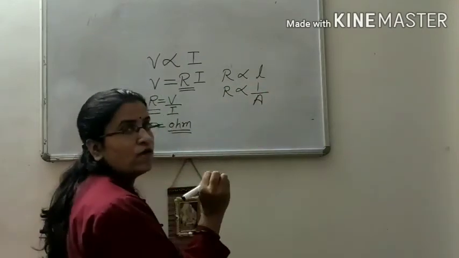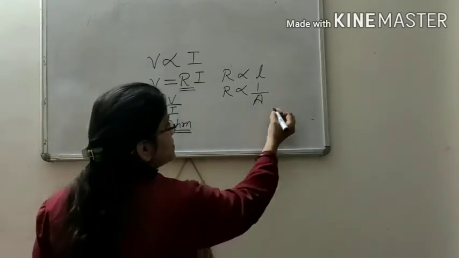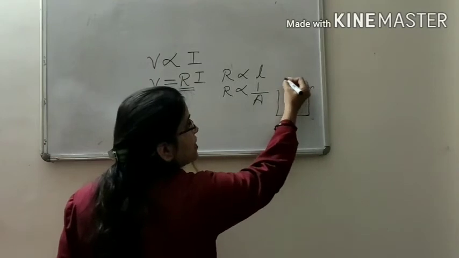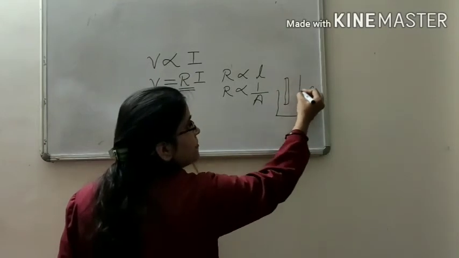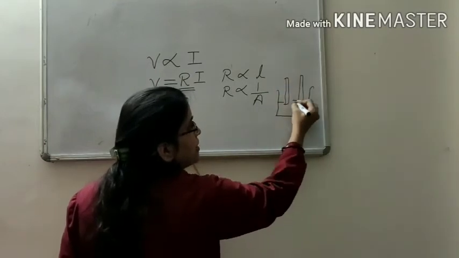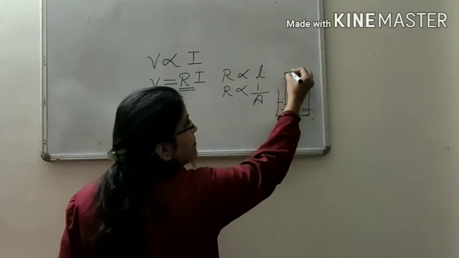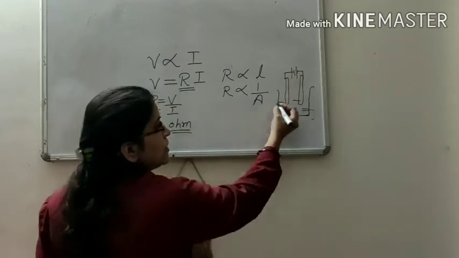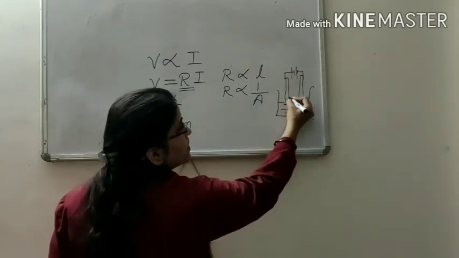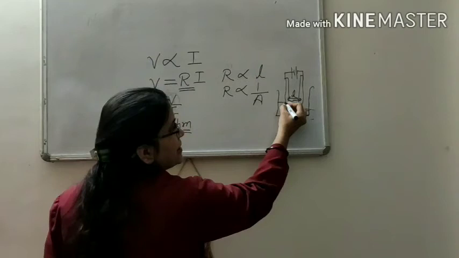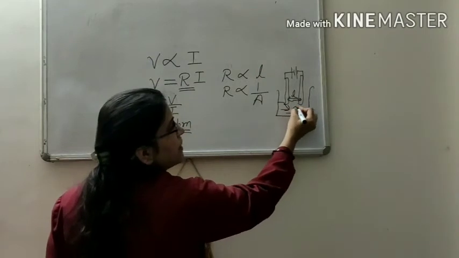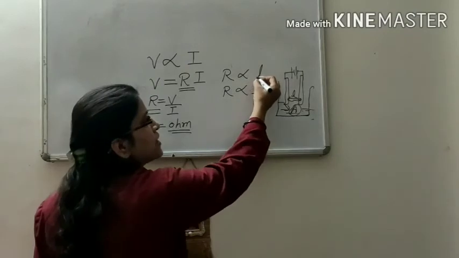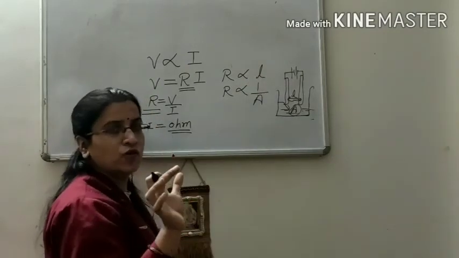cross section of the electrode. Suppose this is a beaker where two electrodes are dipped in an electrolyte and we supply current to it. The distance between two electrodes is denoted by L and the area of cross section is denoted by A. So resistance is directly proportional to the distance between two electrodes.